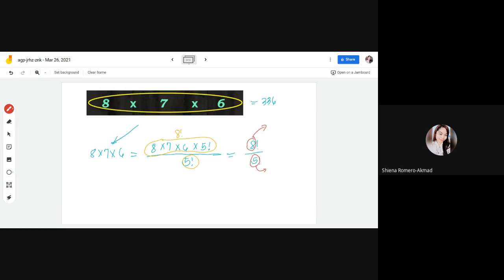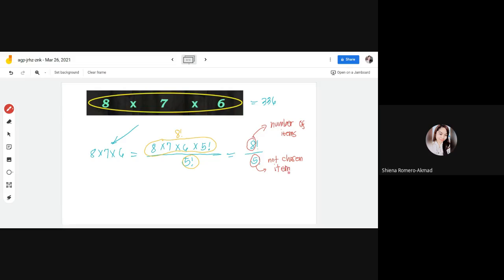Saan kaya nanggaling si 8? Saan nanggaling si 5? Ano si 8 when it comes to the problem? Yung items po. Yung hindi napili items. Yung 8, di ba, yung number of items. How about yung 5? Yung mga di napili. Okay, the not chosen items.